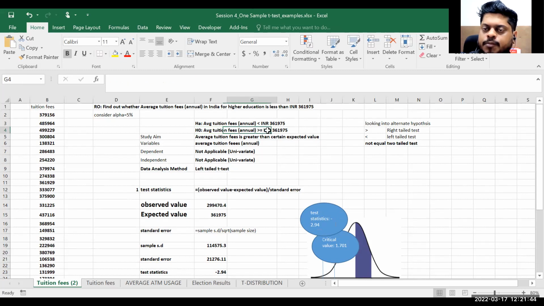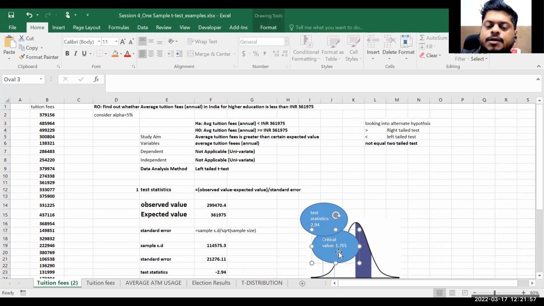My null hypothesis is greater than or equal to, right? So if I'm getting a standardized data which is greater than or equal to this critical value, which is minus 1.701, then my null hypothesis will remain, I cannot reject it. But if it is something beyond that, if it is less than that, I can reject it.